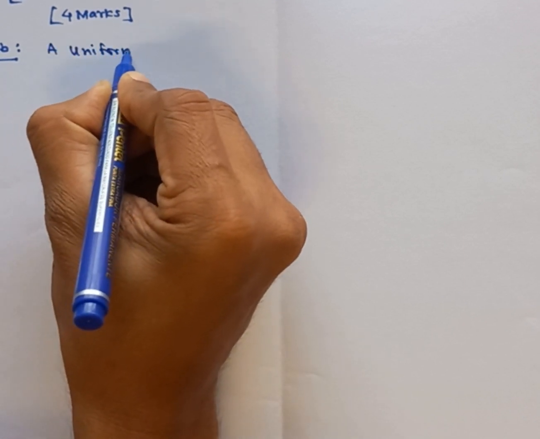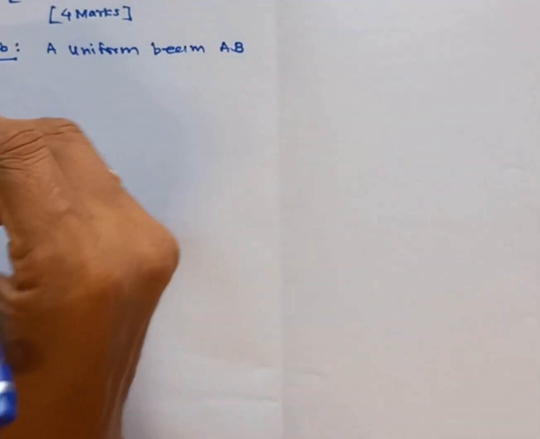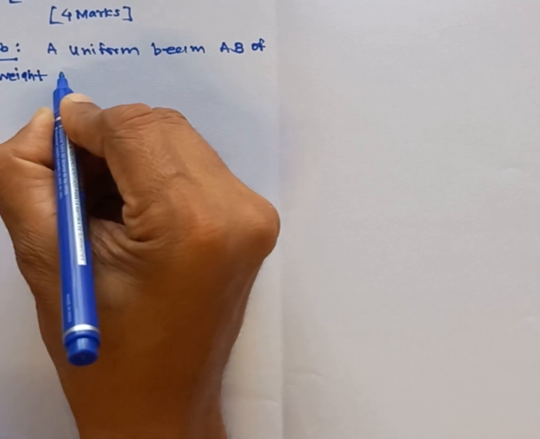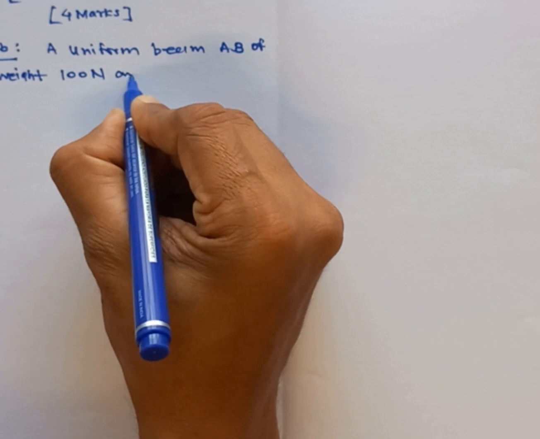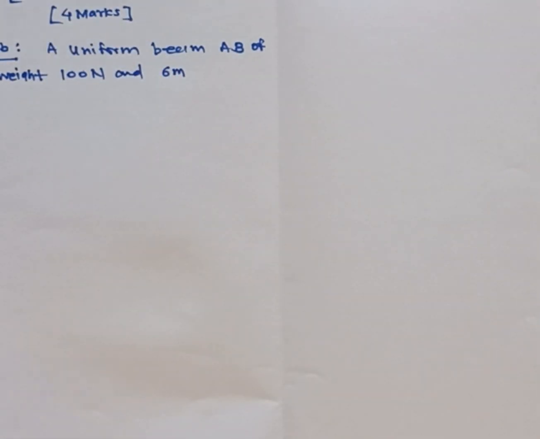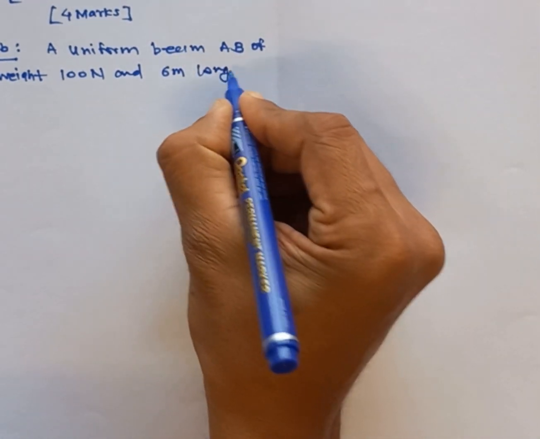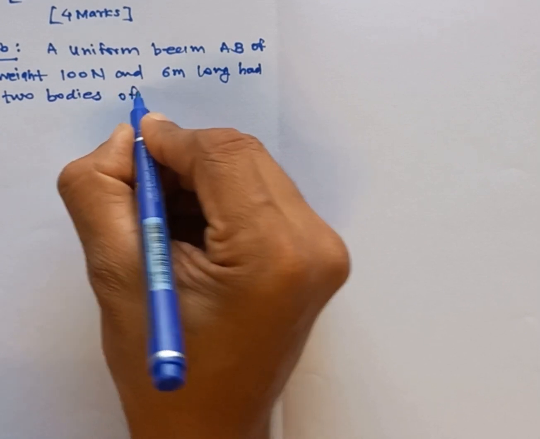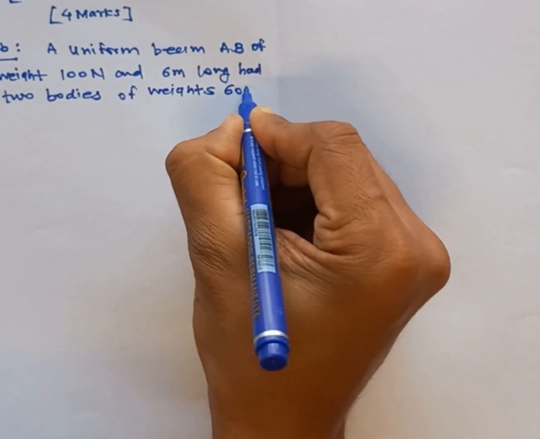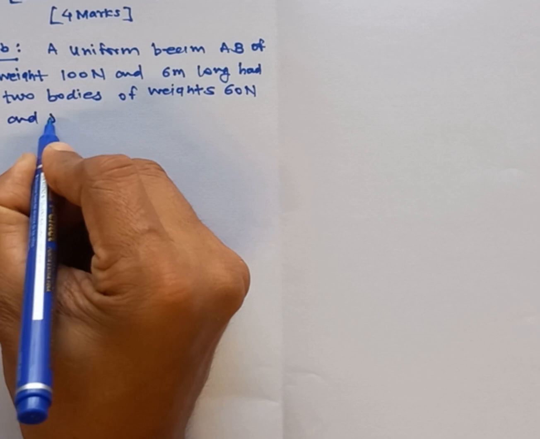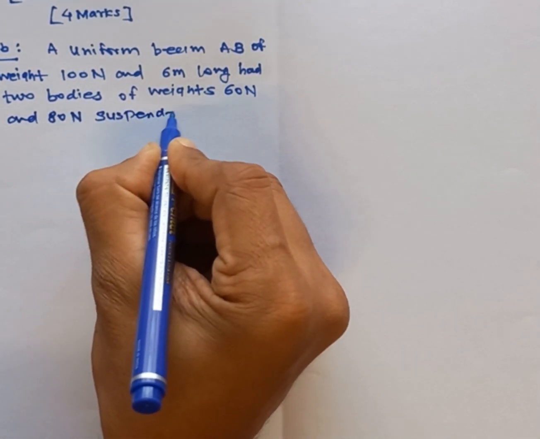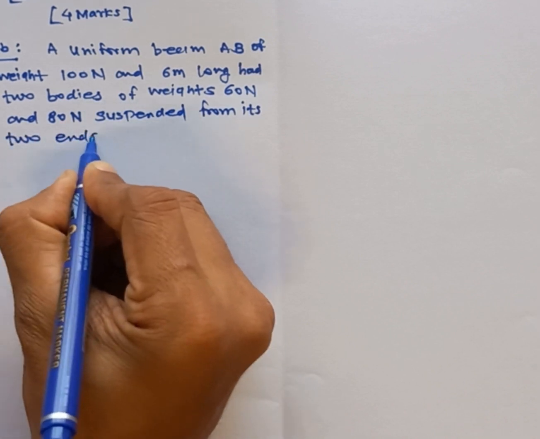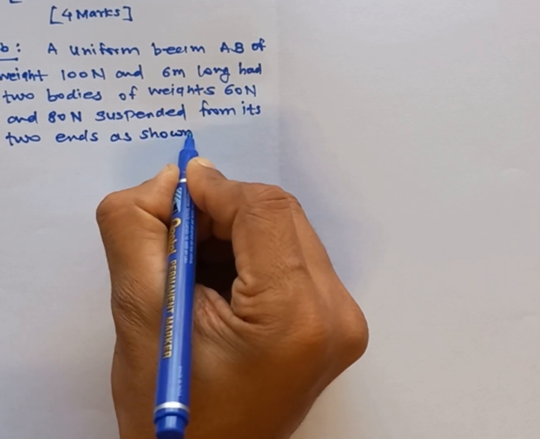A uniform beam AB of weight 100 Newton and 6 meter long had 2 bodies of weight 60 Newton and 80 Newton suspended from its 2 ends as shown in the figure. The figure is given, right?